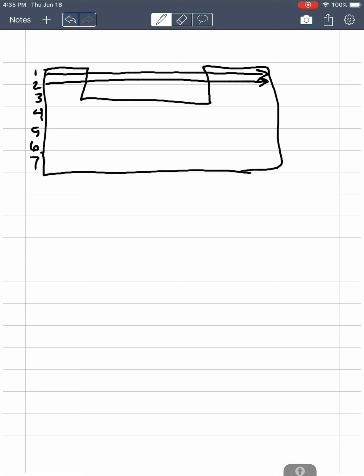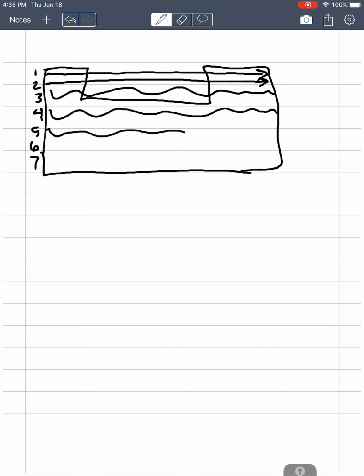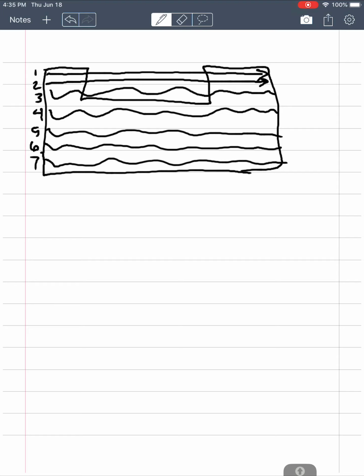Second row, no expanded octet. Third row can have an expanded octet. Fourth row can have an expanded octet. Fifth row can. Sixth row can. And seventh row can. So anything from the third row and below can have an expanded octet. Doesn't mean it always has one. It's just capable of having an expanded octet.